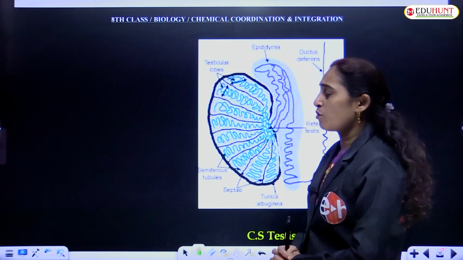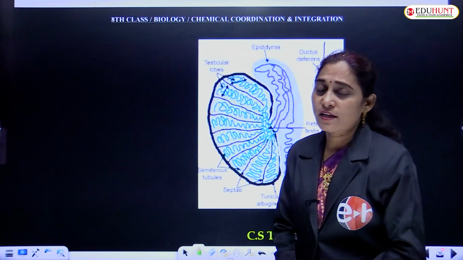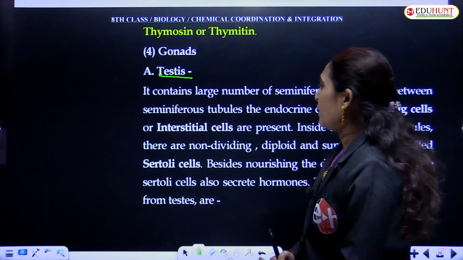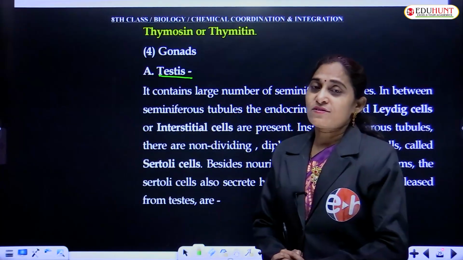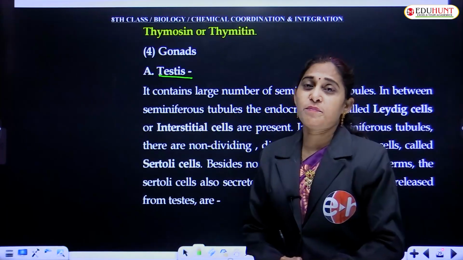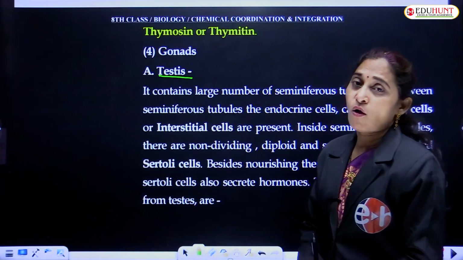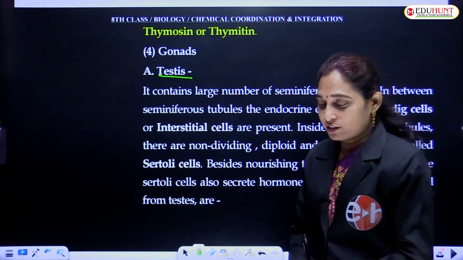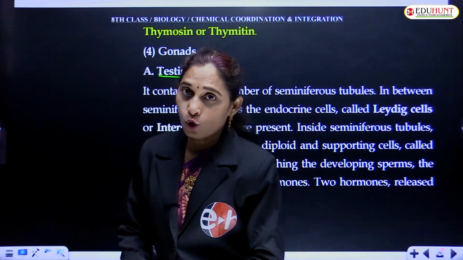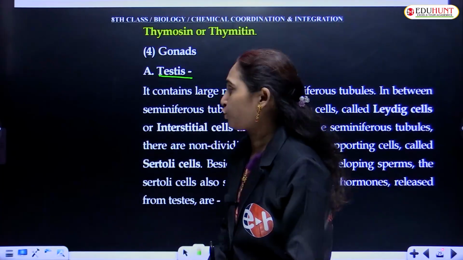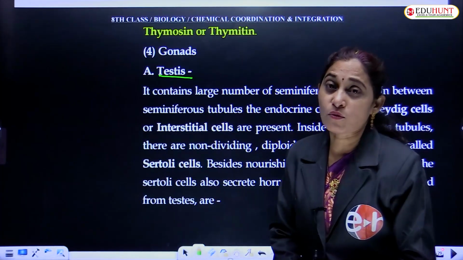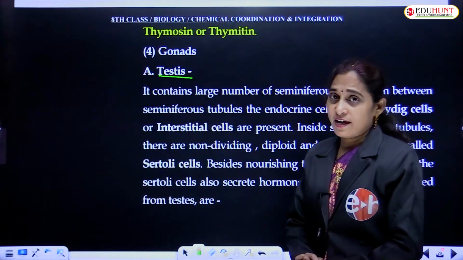There are seminiferous tubules. In between these tubules, there are some cells called interstitial cells. These interstitial cells get stimulated by hormones released by the anterior lobe of the pituitary, FSH and the luteinizing hormone.